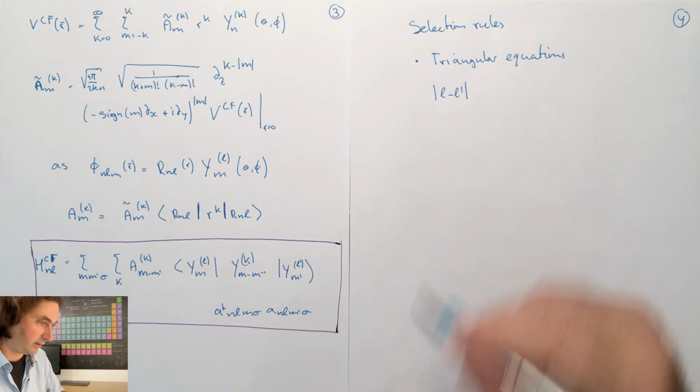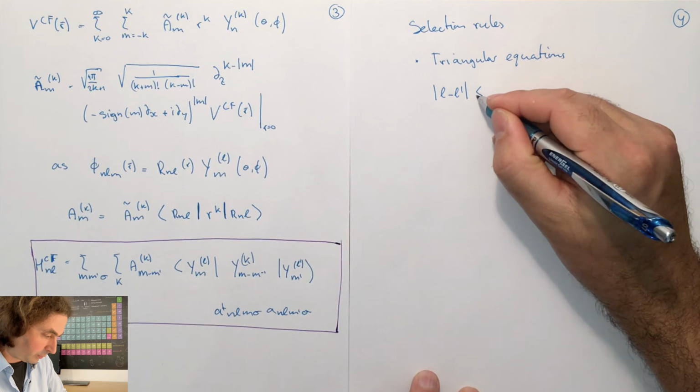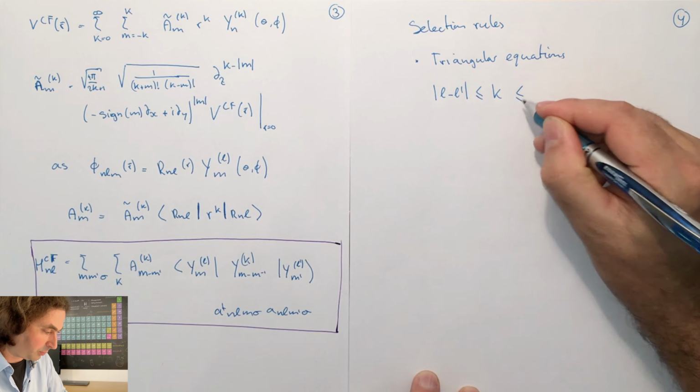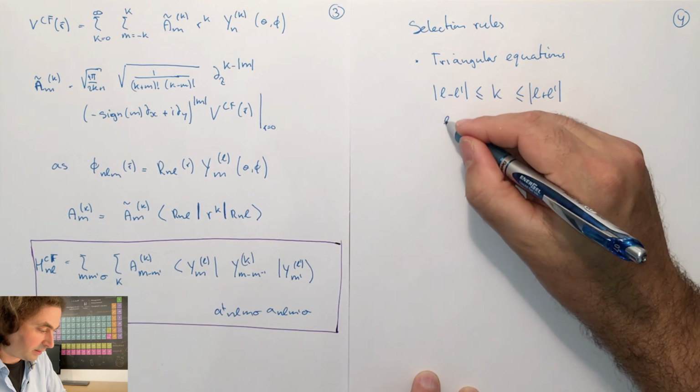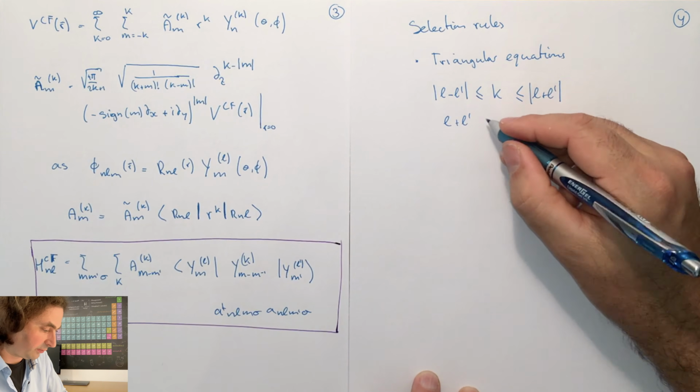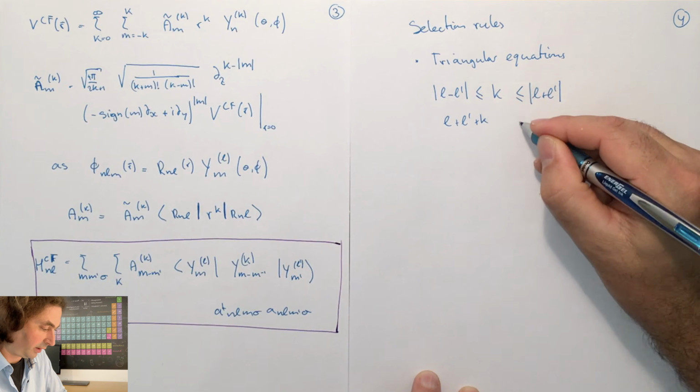If not, it's just L is equal to L prime. Must be smaller or equal to K, must be smaller or equal to L plus L prime. And at the same time we know that we have parity conservation, so L plus L prime plus K has to be even.